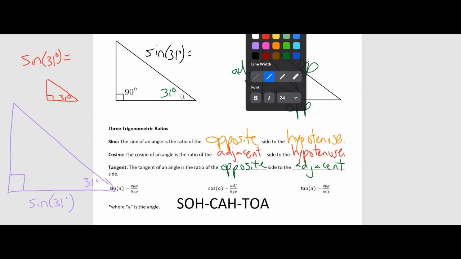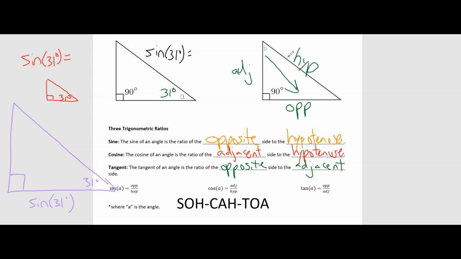So the numbers for the sides are going to be different, and I'm just making these numbers up. I would have to use a calculator to figure out exactly what the sine of 31 degrees is. But let's say this is 2 and 4 for simplicity's sake.